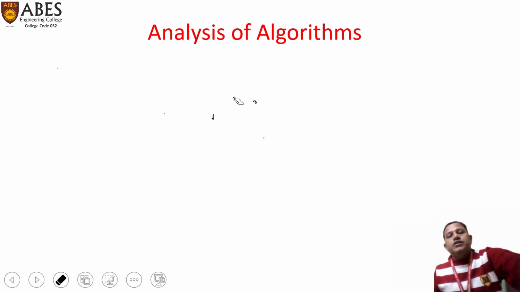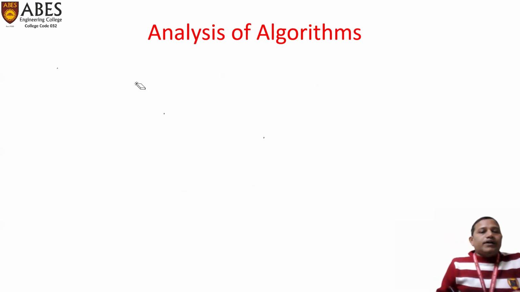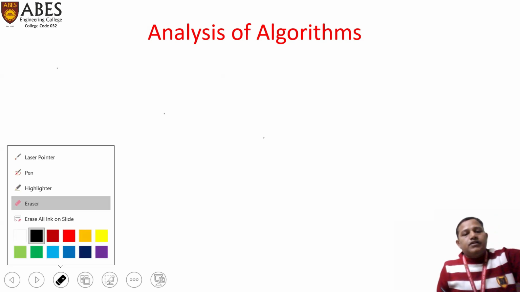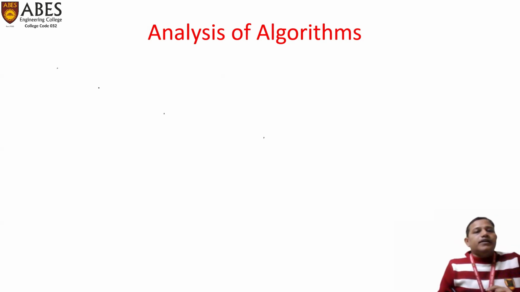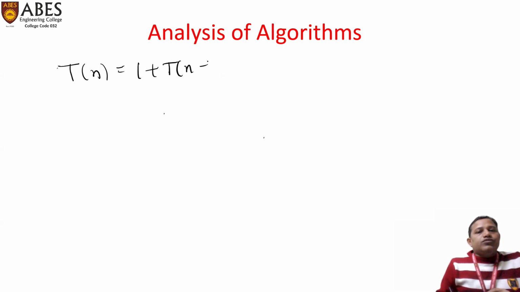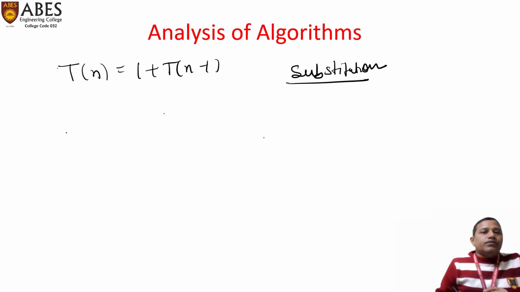The recursive function will be solved by, we have T(n) = 1 + T(n minus 1). This recurrence will be solved by some substitution method or another method.